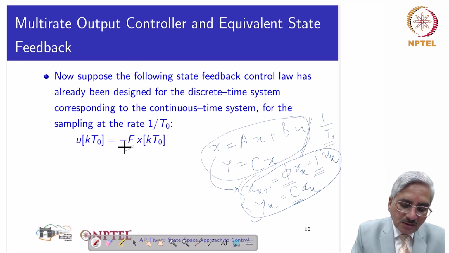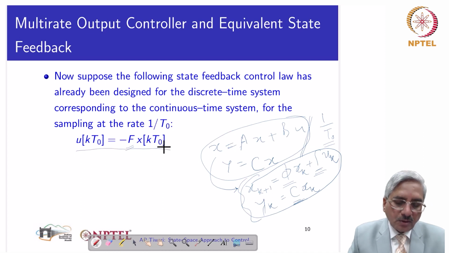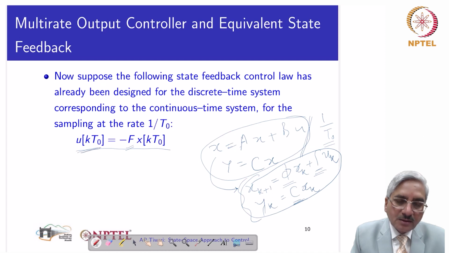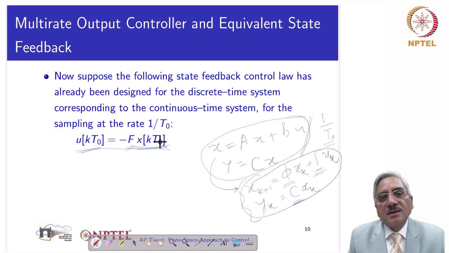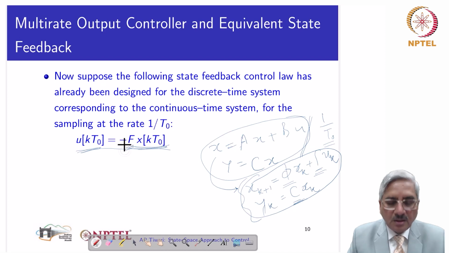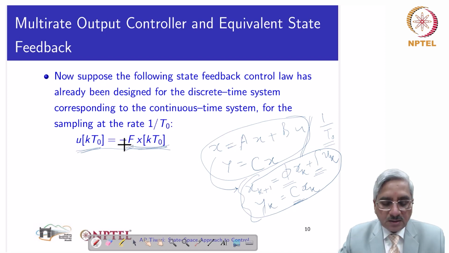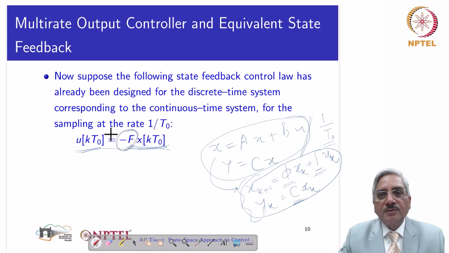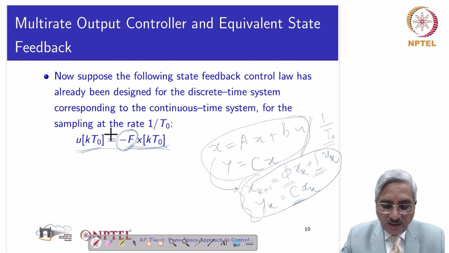We have the knowledge of F in this control law. The input at different sampling instants is a linear combination of states through these elements of matrix F. So we assume that F is available, we have designed F.